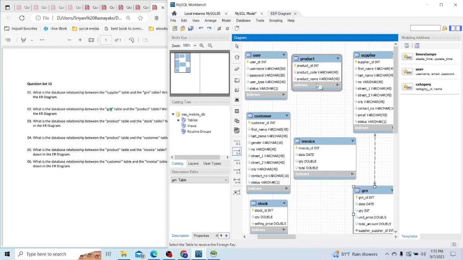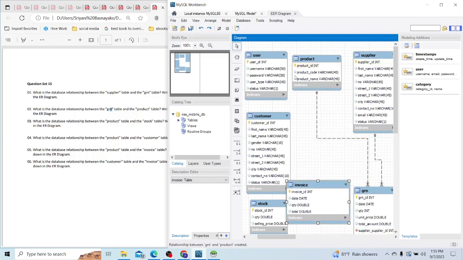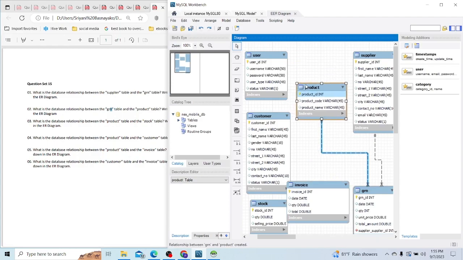A product can be in multiple good received notes. Let's take an example, a product like mobile phones. The product mobile phone can be in multiple good received notes because of different stocks. So the product can be in multiple good received notes. So it's a one-to-many relationship.